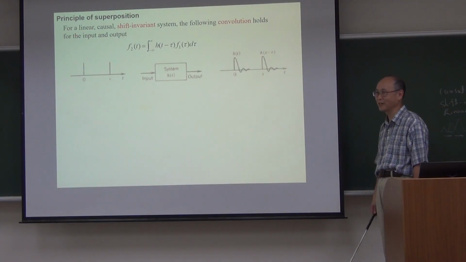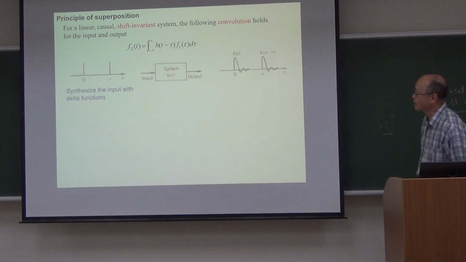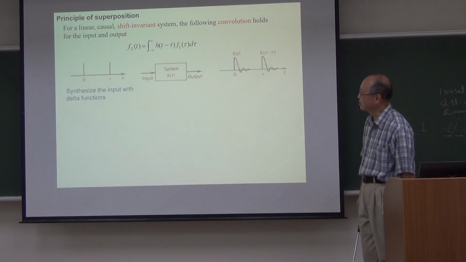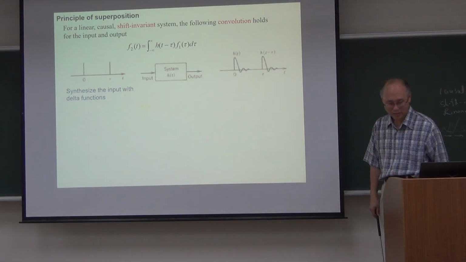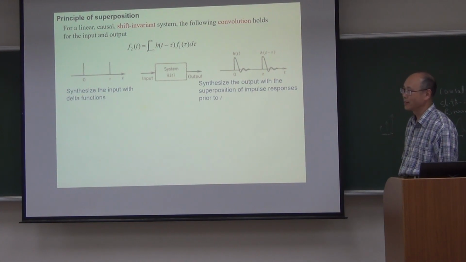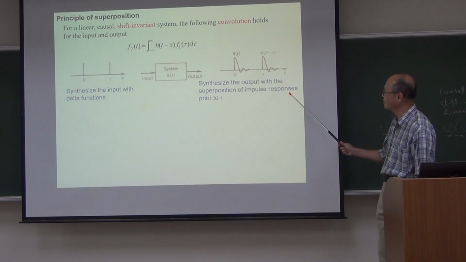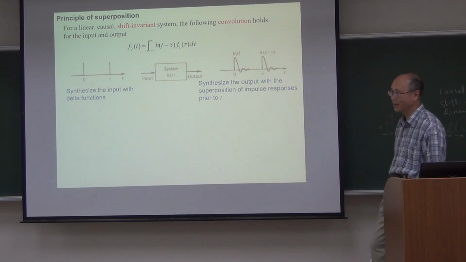Intuitively correct. But in fact, in this calculation, we are talking about these three properties: causality, shift invariance, and linearity. So you synthesize the input pulse from delta functions, and then you synthesize the output from the impulse responses prior to the time t.